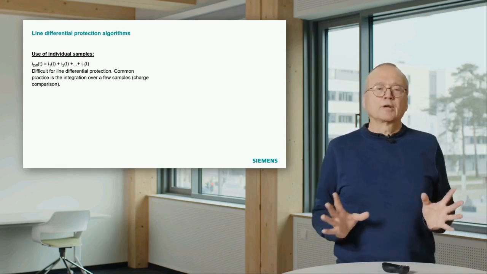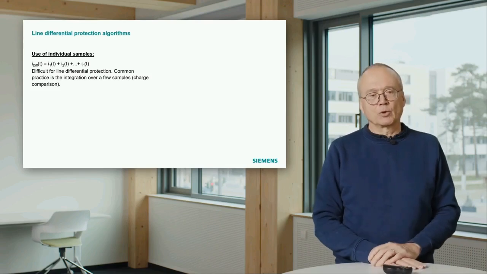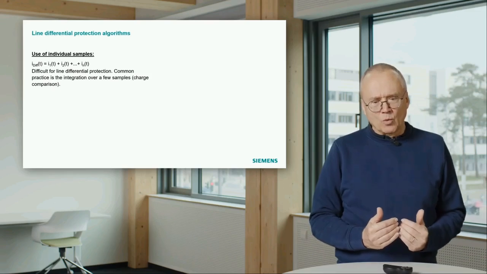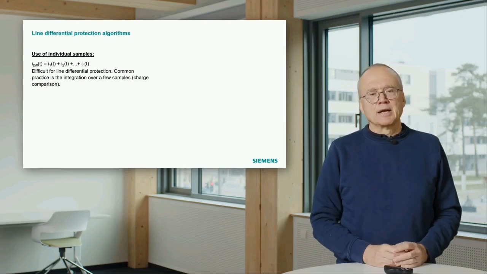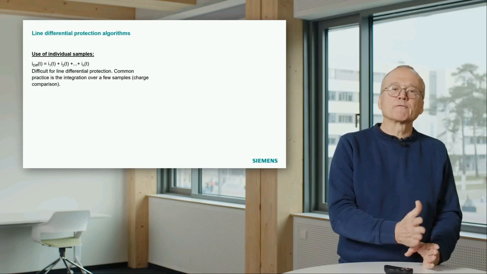Experience shows for line differential protection that is not a very reliable approach, and so for that reason we make it a little bit more robust by integrating, not using one sample, using a few samples.